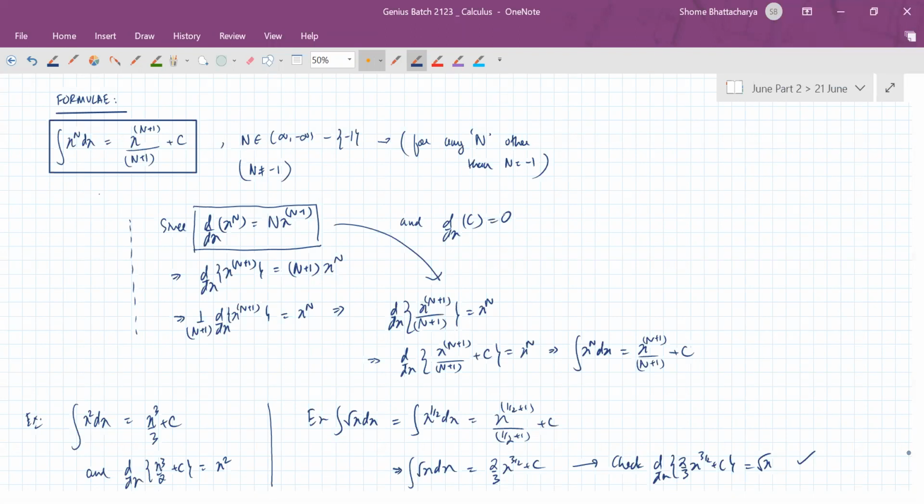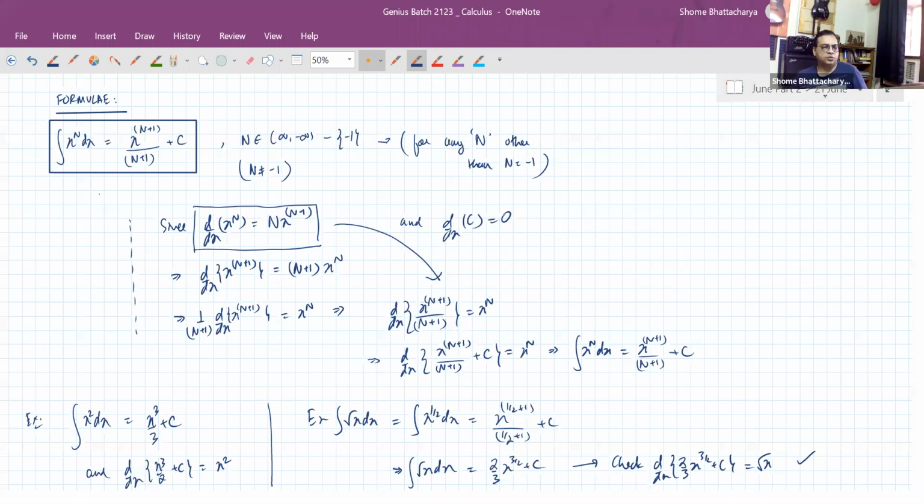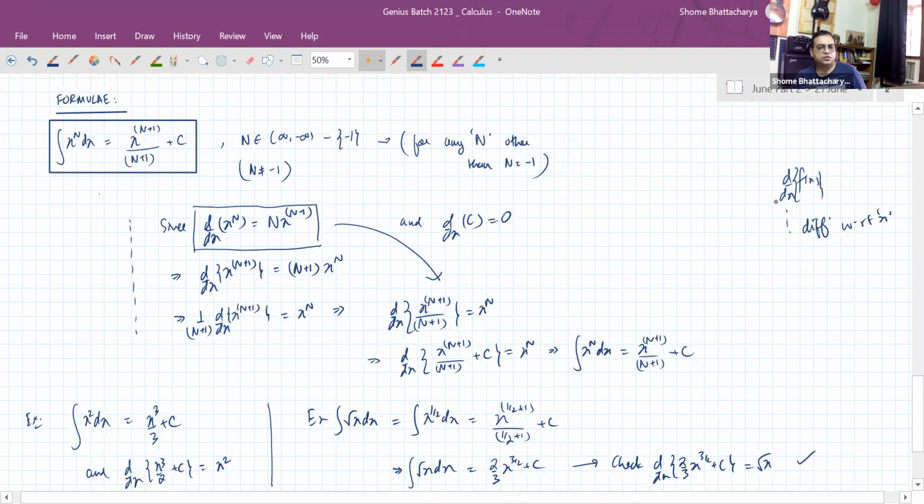So I still don't get what's the use of writing dx next to x root x. Okay, it's more like a convention, beta. For example, if we want to differentiate a function with respect to x, this symbol is for differentiation with respect to x. So what does the dx in the denominator actually signify?